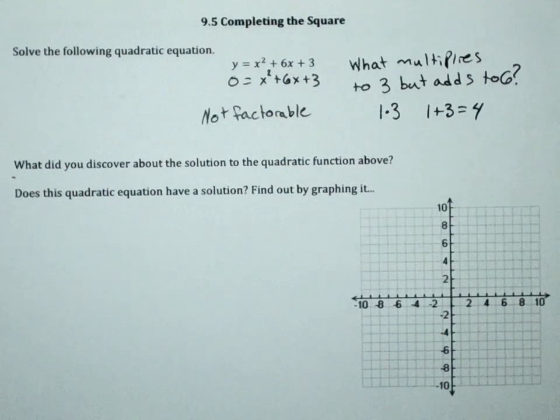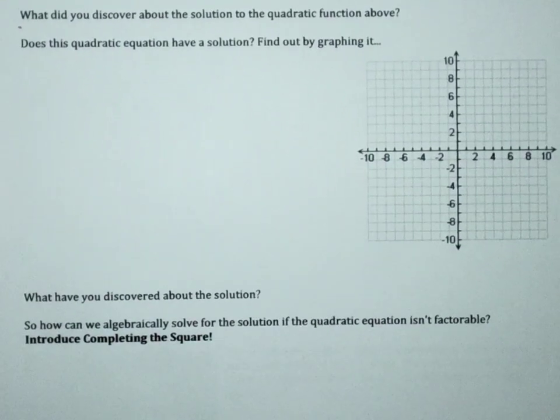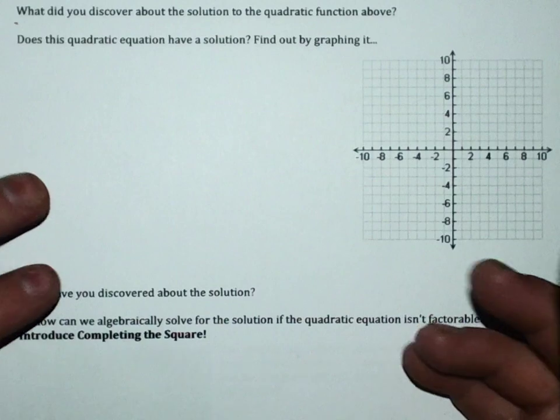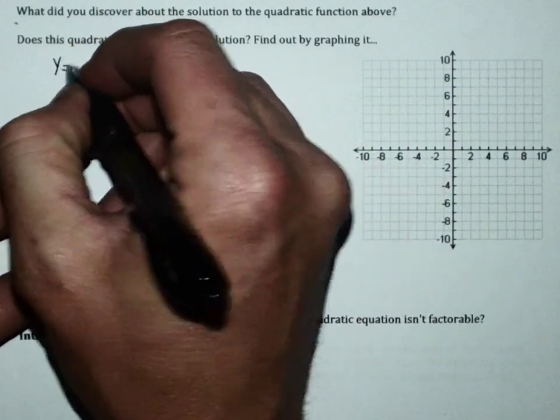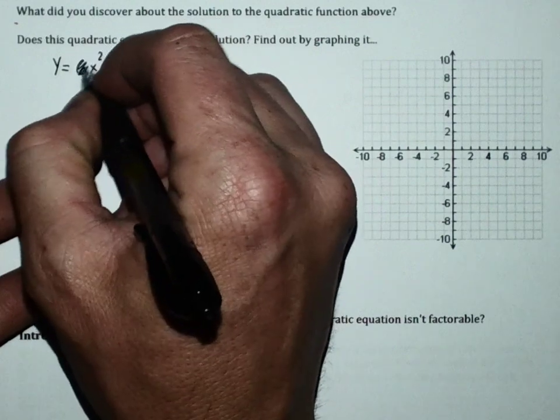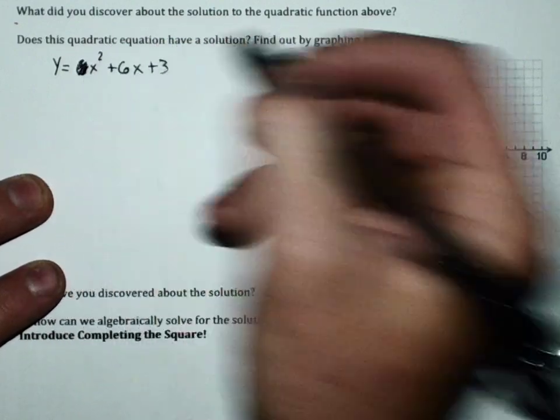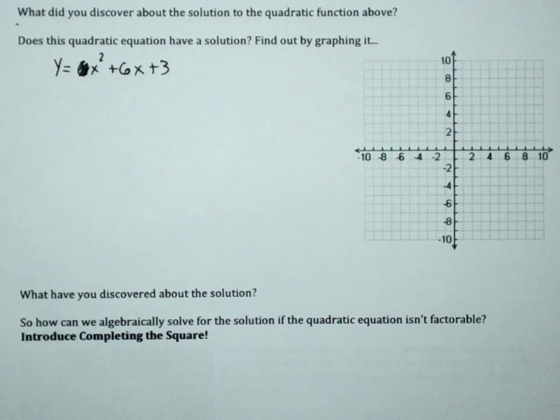So let's go back a little ways, and we're going to solve this thing by graphing it. We're going to first check, does it actually even have a solution? Oh, not 6x squared, x squared plus 6x plus 3. We're going to graph it, and we're going to see, does it actually even have a solution?